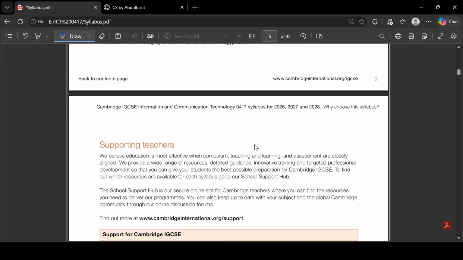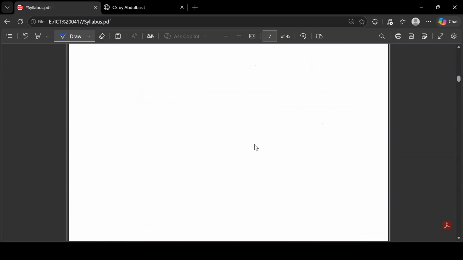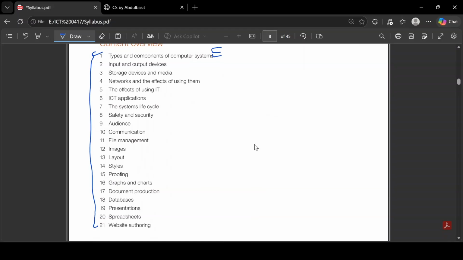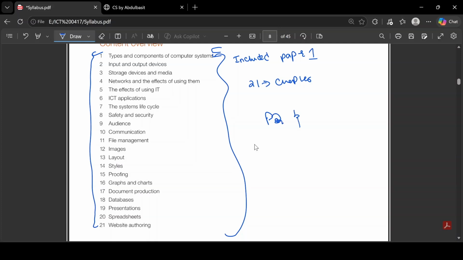From 1 to 21, all of the stuff regarding these chapters or contents and the subtopics will be included in paper 1. It means that for paper 1, you have to prepare all 21 chapters in detail. If we talk about paper 2 and paper 3, we have to be careful.